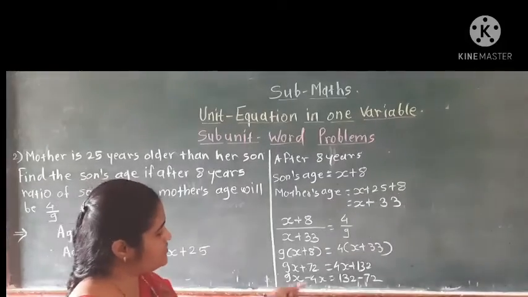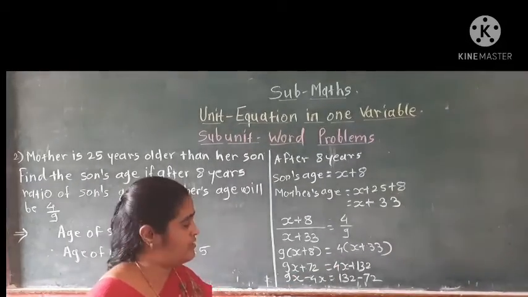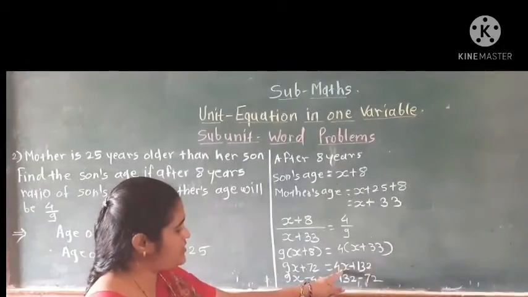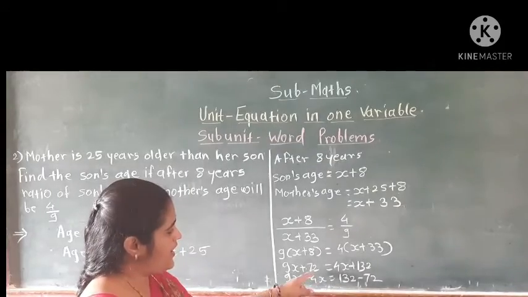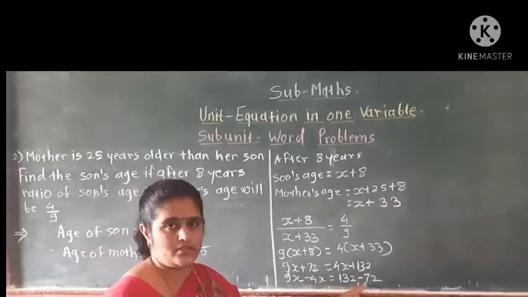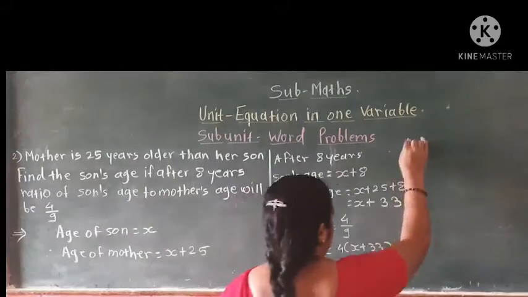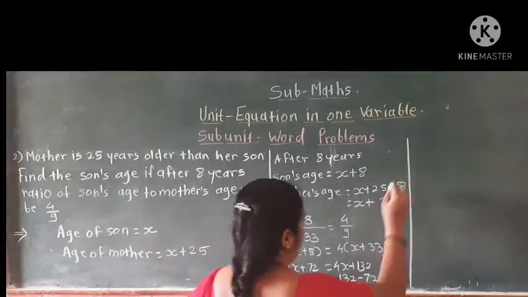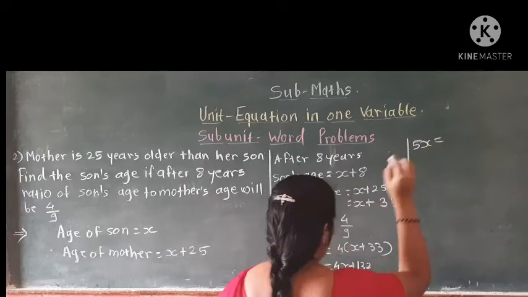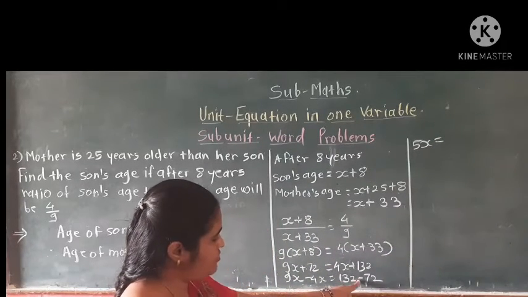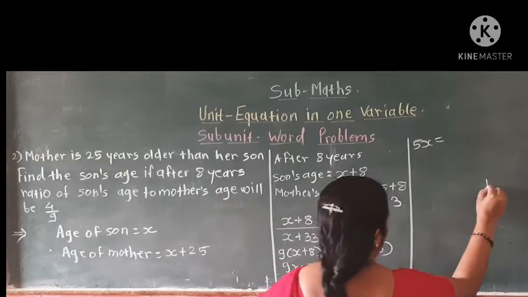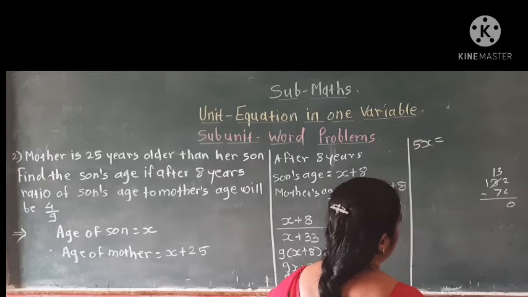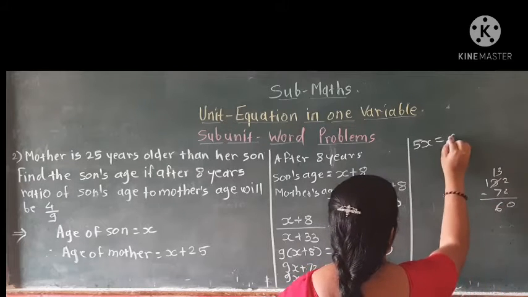We have to transfer these values in the equation from left hand to right hand and right hand to left hand. Therefore, plus 4x is converted into minus 4x and plus 72 converted into minus 72. Then 9x minus 4x is 5x, equal to 132 minus 72. The value will be 60.